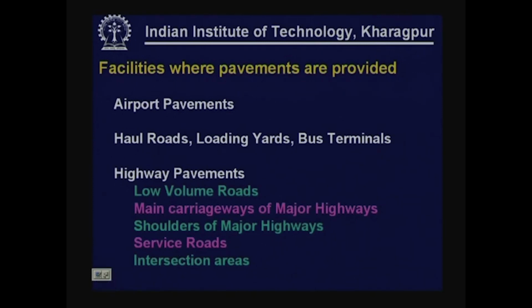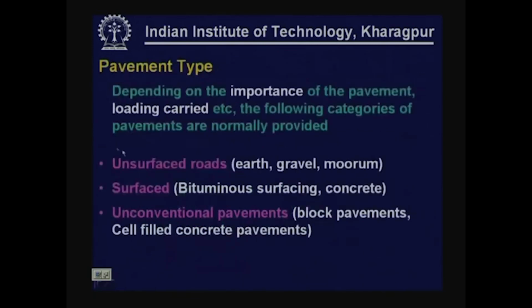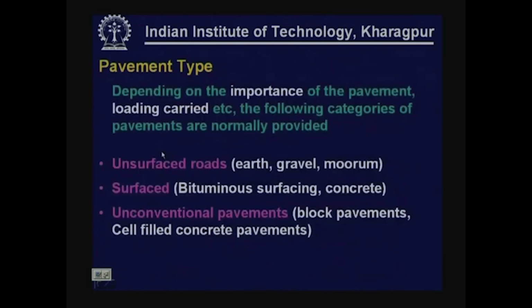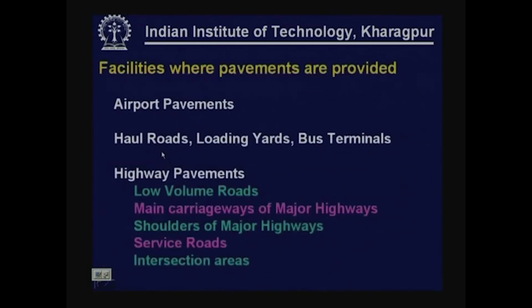Some of these facilities like haul roads, you have very heavy loads carried. Bus terminals, you may have stationary loads. Loading yards, you may have stationary loads. And highway payments, you may be having vehicles that move at very high speed, and other places we have vehicles that move at very slow speed, stationary.